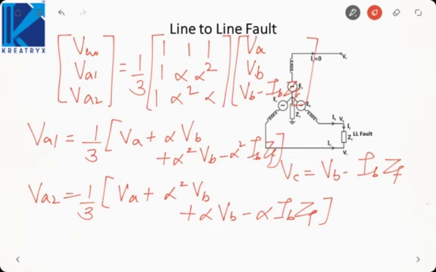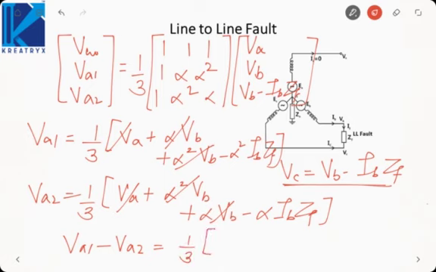To determine the impedance connected between the positive and negative sequence networks, we have to subtract the voltages, so let me take VA1 minus VA2. The VA term will get cancelled out, alpha VB will get cancelled out, and alpha square VB will get cancelled out. What will remain is 1 by 3 times alpha minus alpha square IB ZF.